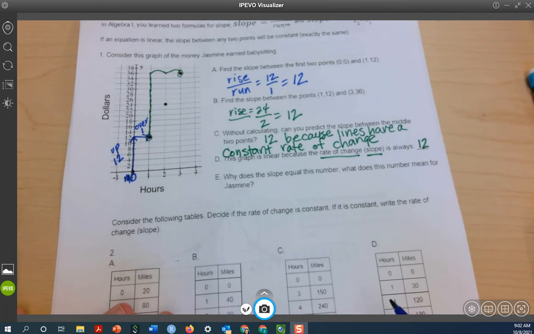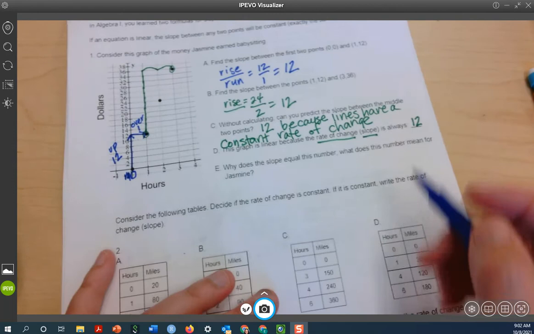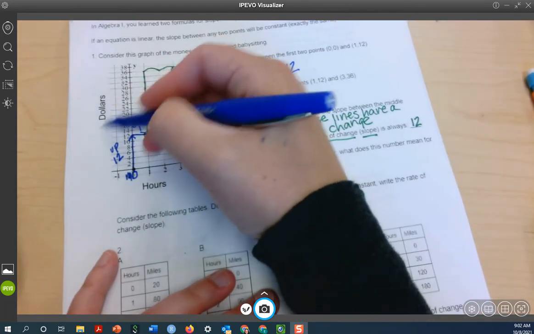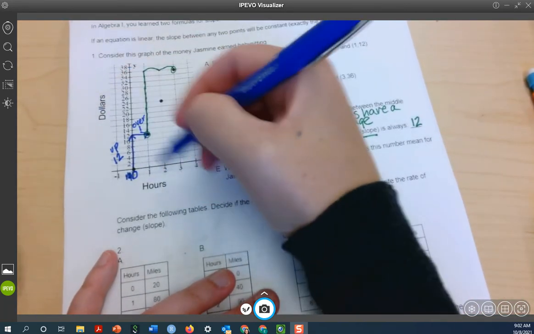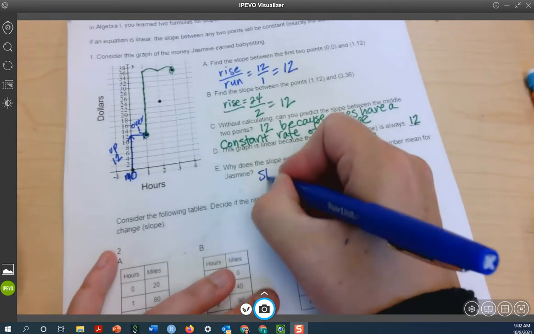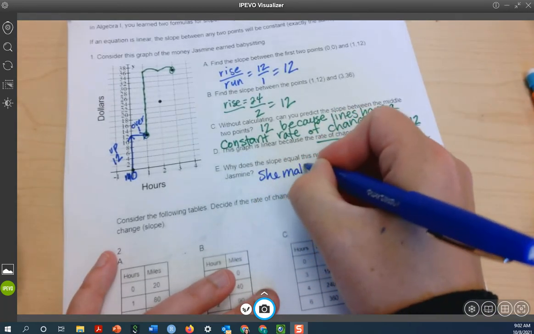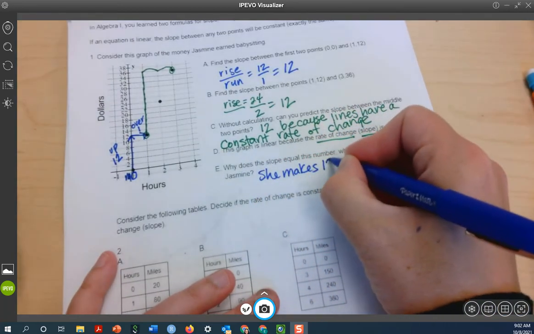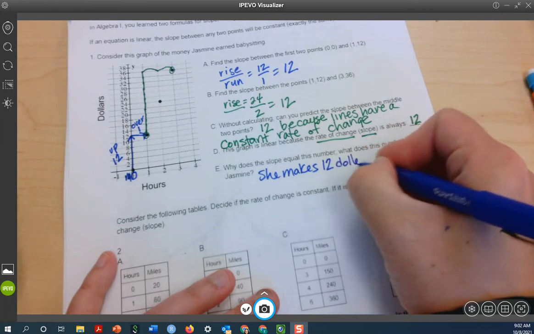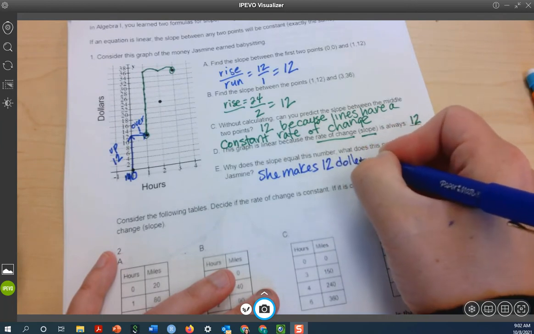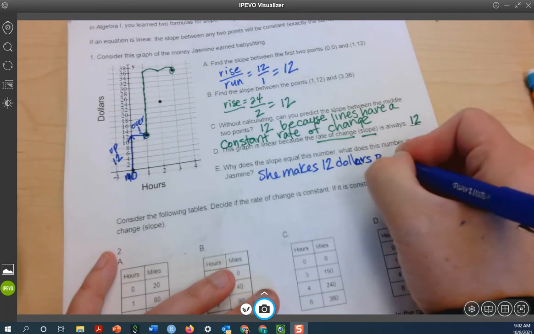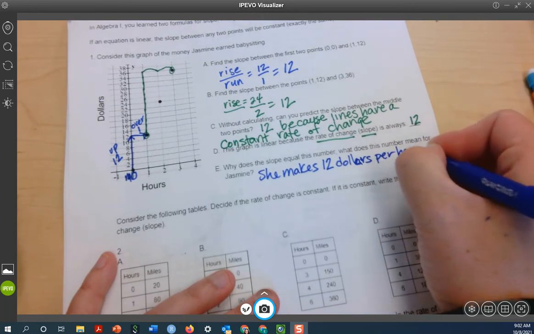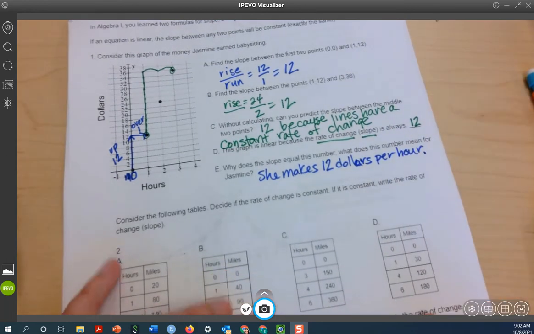All right, I see some hands. That's excellent, yes. So it's the rise is dollars and the run is hours, so that's dollars per hour.